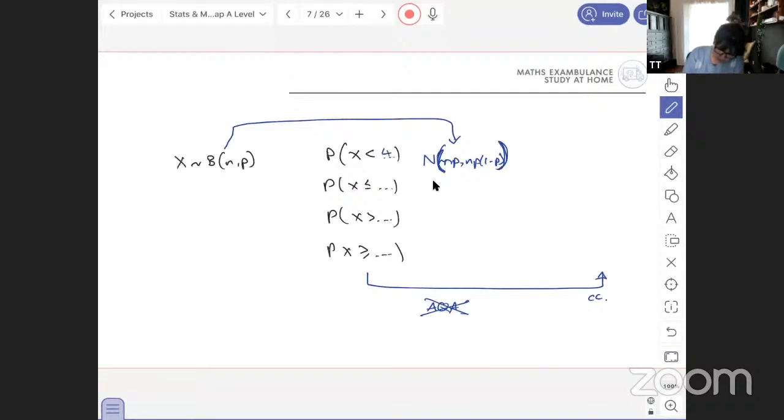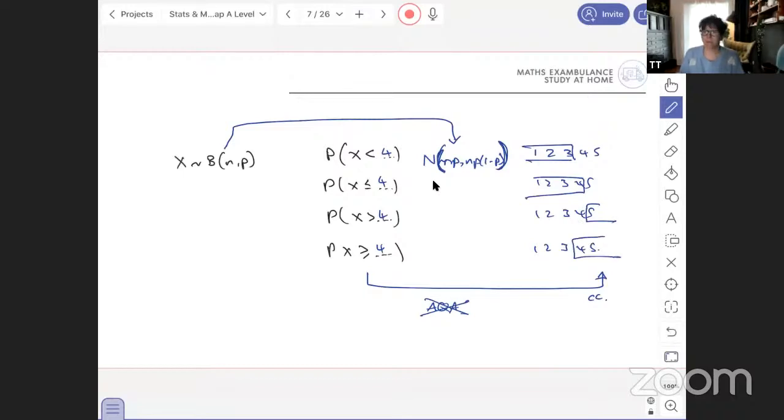So let's say that this is 4. If we have 1, 2, 3, 4, 5, and we consider less than 4, less than or equal to 4, bigger than 4, bigger than or equal to 4, the continuity correction is the number that it's pointing at.